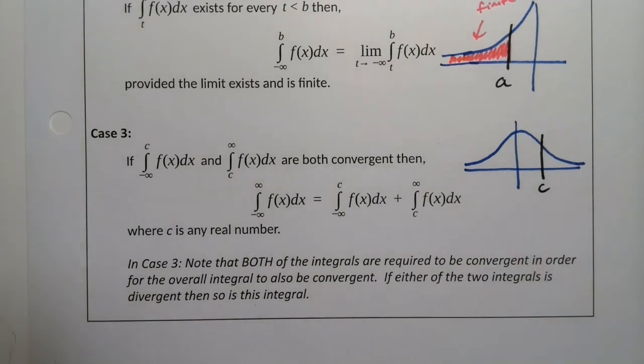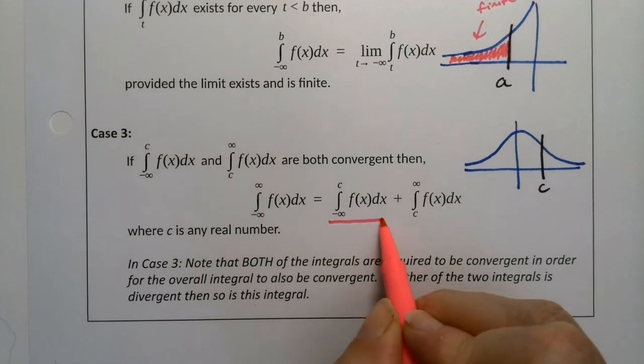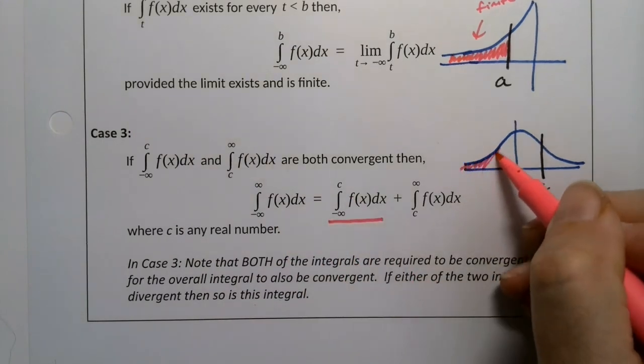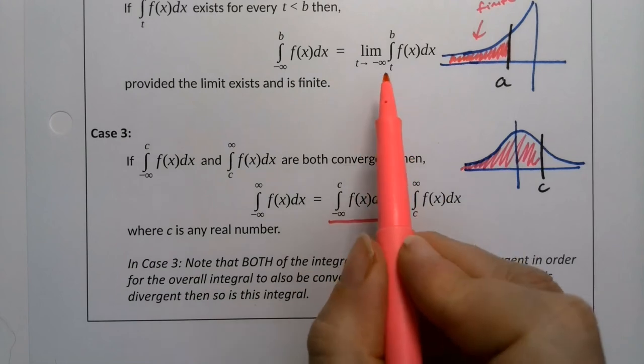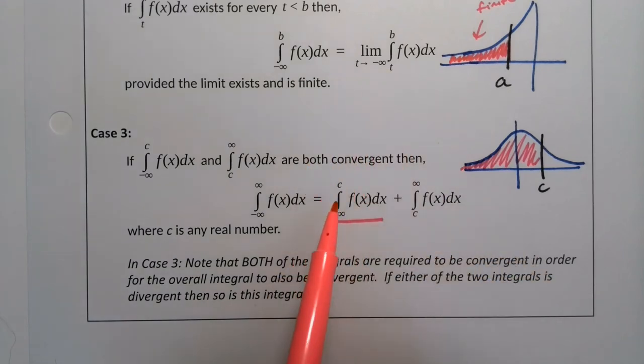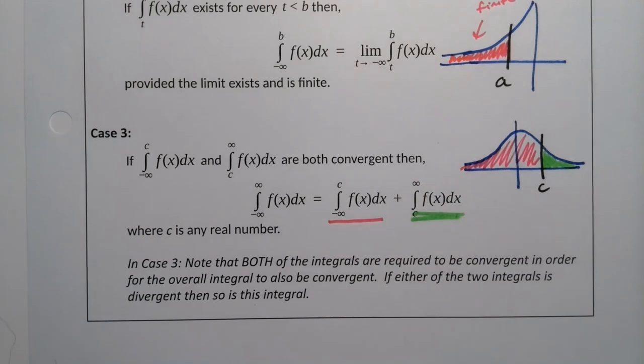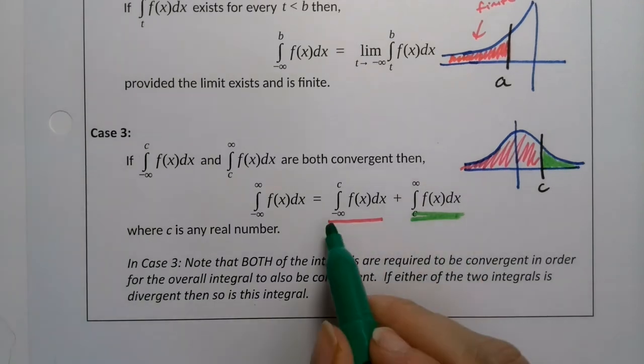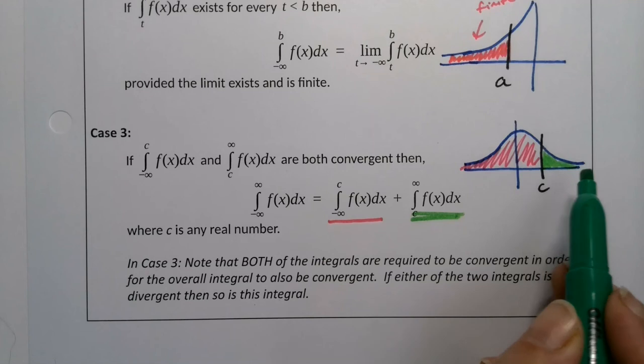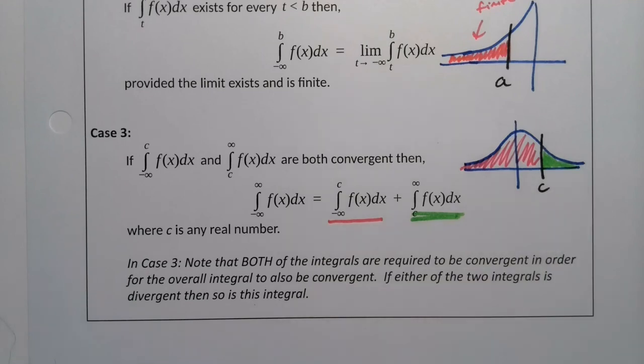Then you'll find the area from negative infinity up to c, using that limit argument. So you'll have one limit for the one on the left, and then another limit for the one on the right, over here. So you take the pink left portion plus the green right portion, and away you go.